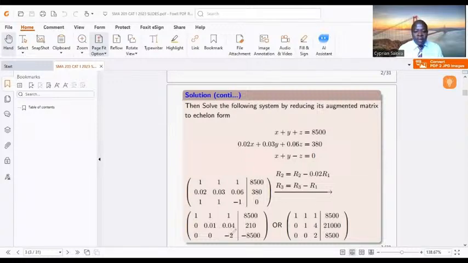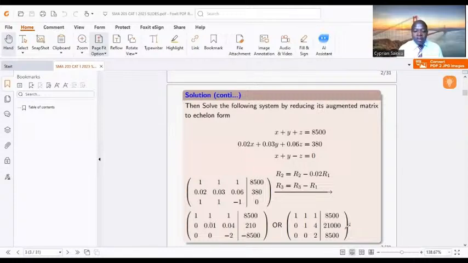But what I did here, to get this other matrix, I just made this element positive. I needed this to be positive, although it's not compulsory. I did that by dividing this entire row 3 by -1. When you divide the entire row 3 by -1, you get +2, and then +8,500.